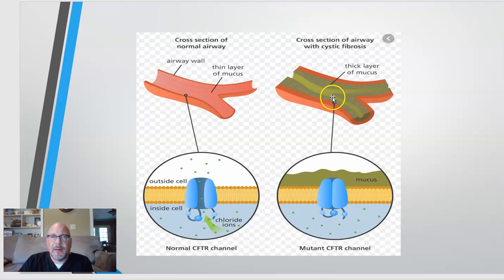You can kind of see here that mucus builds up. Sometimes it gets stuck in there. The bacteria begin to infiltrate. You get inflammation. Sometimes they'll have mucus plugs, and bacterial pneumonia is a big problem with cystic fibrosis. You also see this in the digestive tract, as well as the vas deferens of males and the pancreas as well.